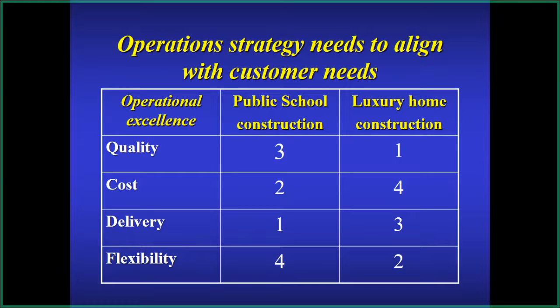So what I tell people is, if you want to go into those two extremely opposite sectors, you may have to have two divisions within your company. Have a public school division, and they do public sector stuff, and have a luxury home division, and they're all about customer satisfaction and dealing with the purchasers.